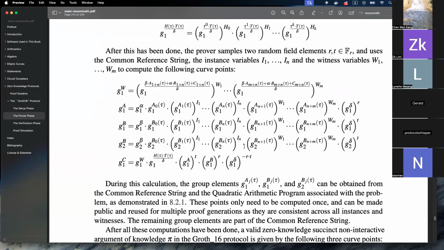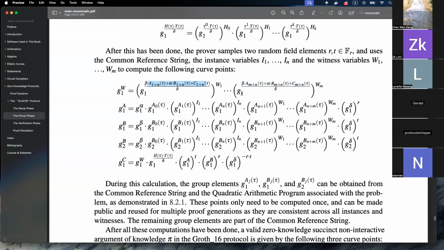And so after this, there's a sampling of two random elements R and T, and then we'll essentially compute the curve points. Again, these are known. We are computing this for witness variables. This is known because this entire thing is known.